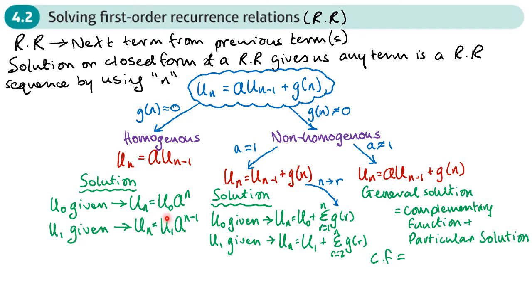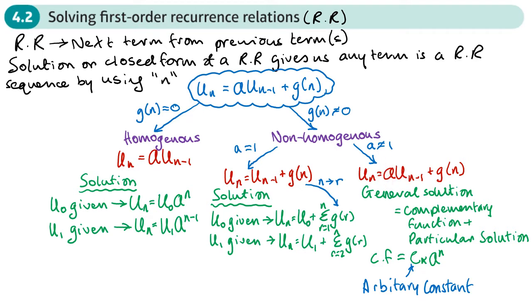We're going to have an arbitrary constant c. So the complementary function is always going to be of this form: c times a to the power n, where c is an arbitrary constant, and a will be the value of a here.